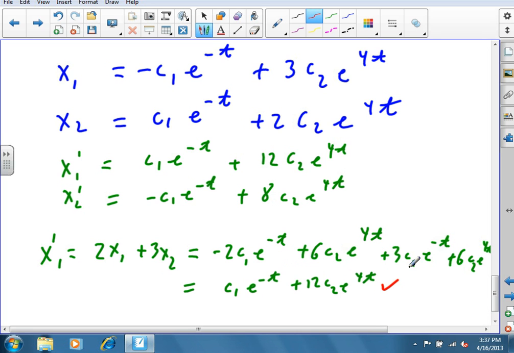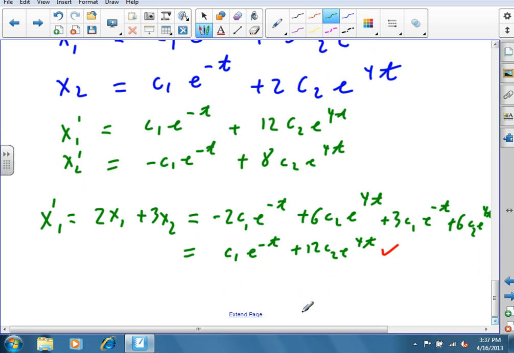Now that's exactly how I would check my work. Now I'm going to check the other one. x2 prime is supposed to be 2x1 plus x2.